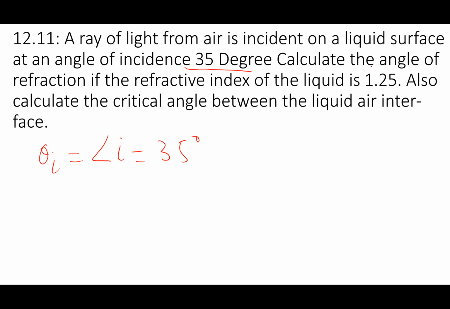Calculate the angle of refraction, if refractive index is 1.25. Also calculate the critical angle.